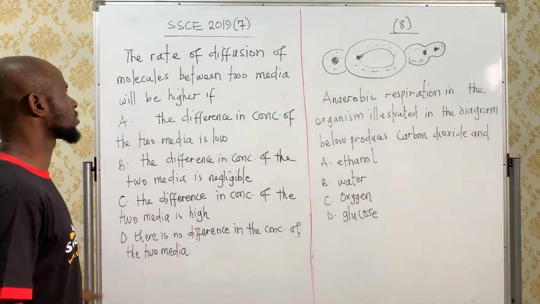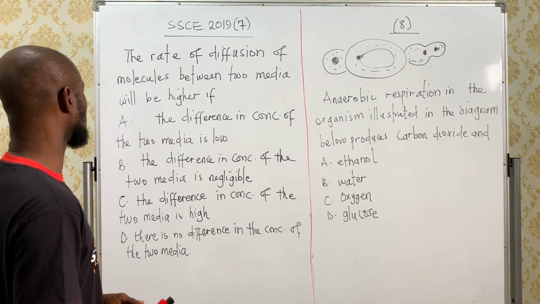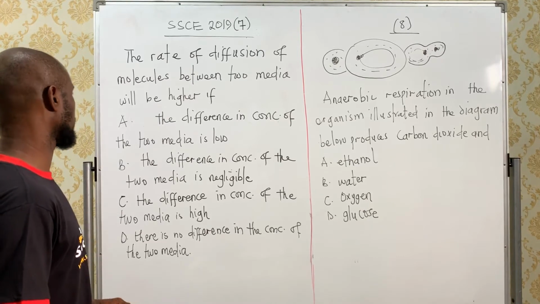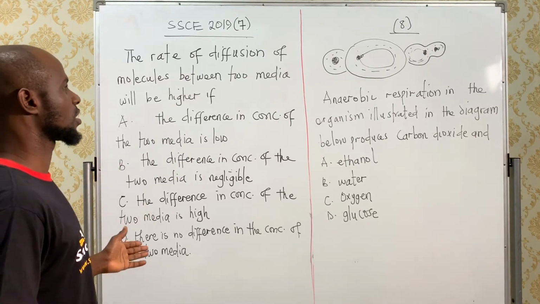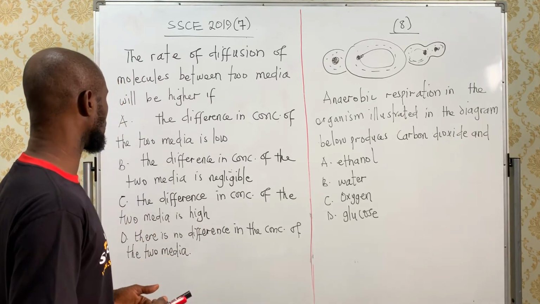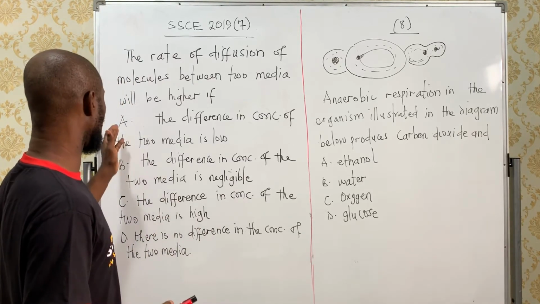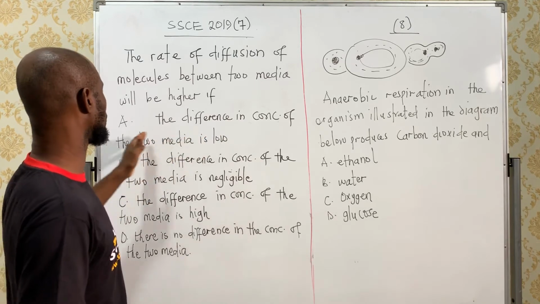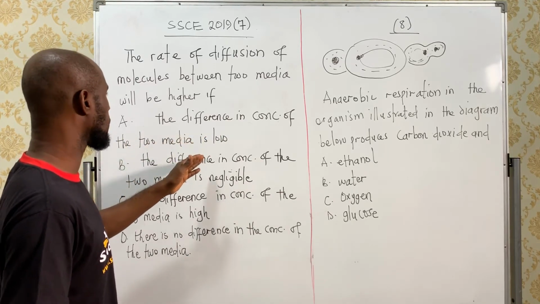Question 7. The rate of diffusion of molecules between two media will be higher if, this is talking about what factors increase the rate of diffusion in biology. A, the difference in concentration of the two media is low.